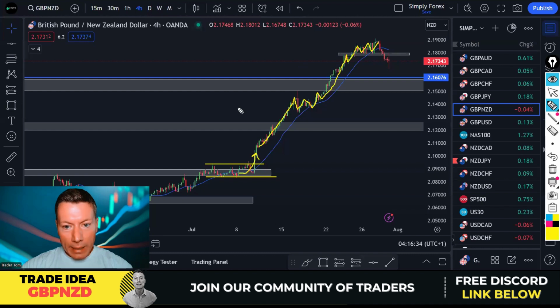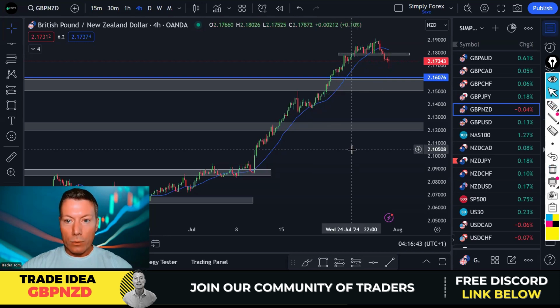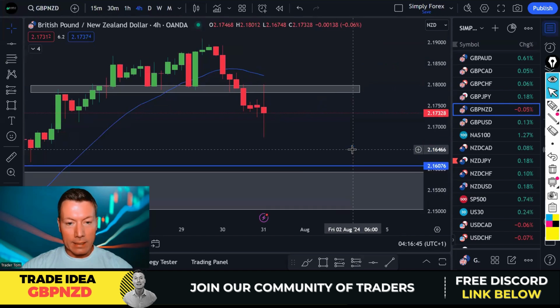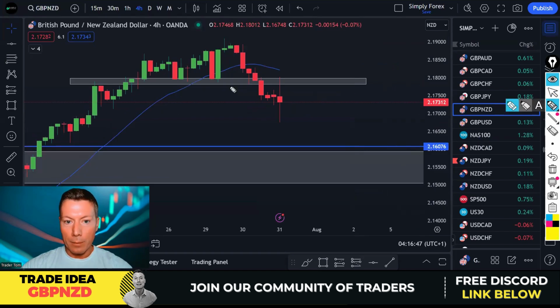All the way up to there, we get no breaks, no breakdown of structure, or a breakdown below the moving average 20, this blue line. Now, today, that has happened, right? We have had a break of H4 structure. Yeah, bang, broken, and we're below the moving average 20, okay, for the first time in all of that trend.